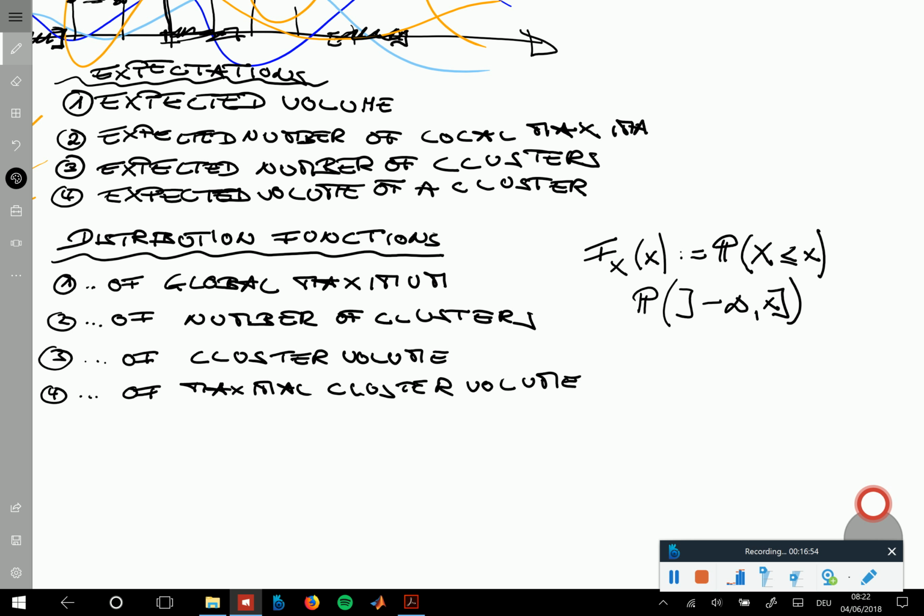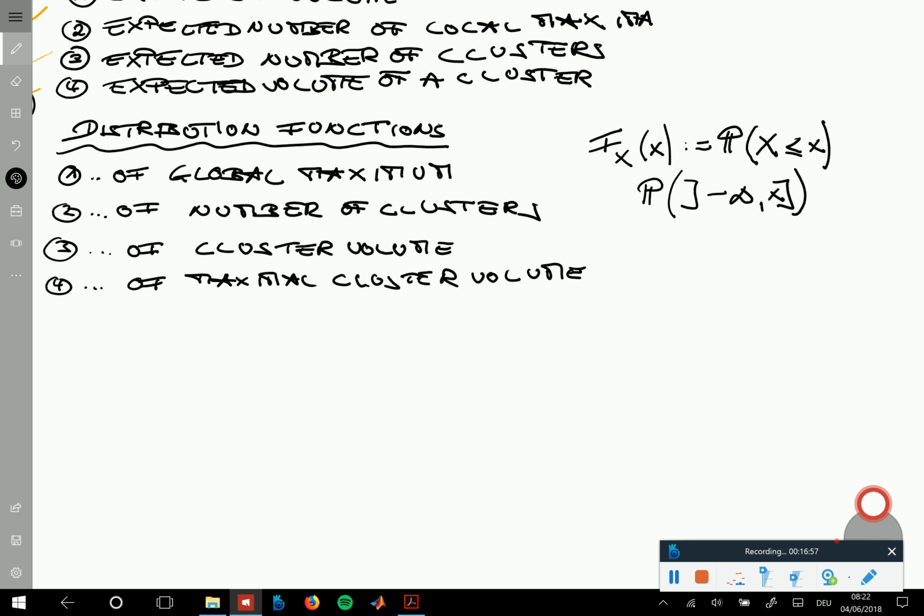Or, and this might be more familiar to you, if you think about probability measures that have density functions, then you have, I think, seen cumulative density functions, which are functions on the interval from 0 to 1 that allocate to each x the probability that the random variable is smaller or equal to x.